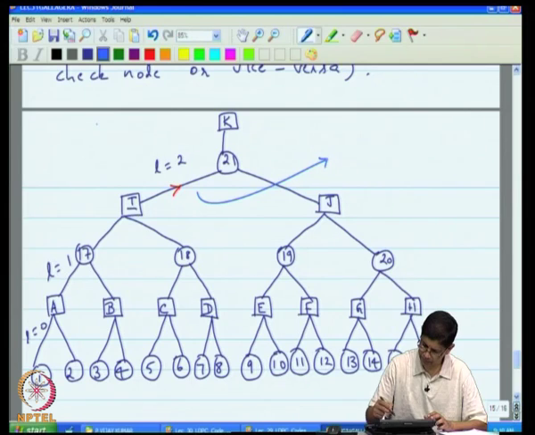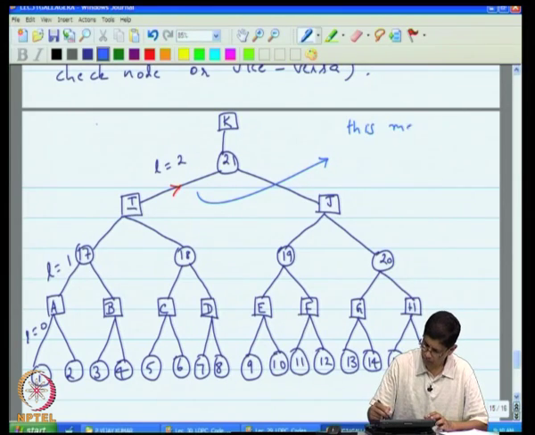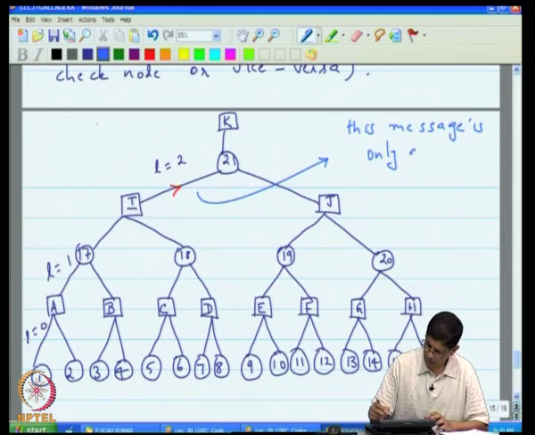This message is only a function of y1 through y8.